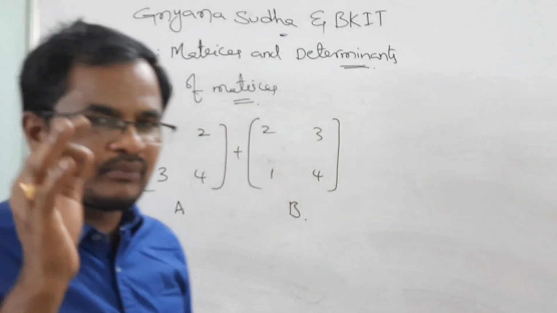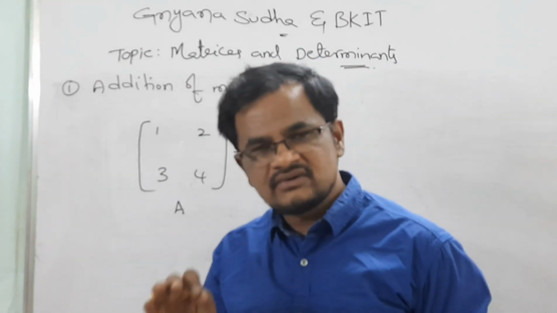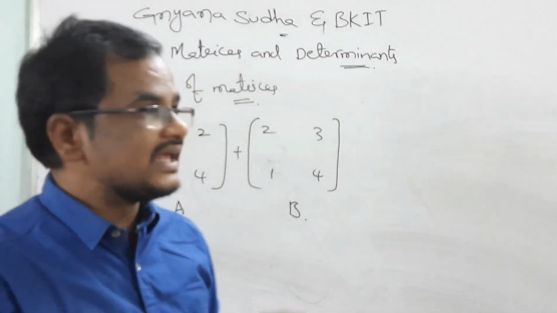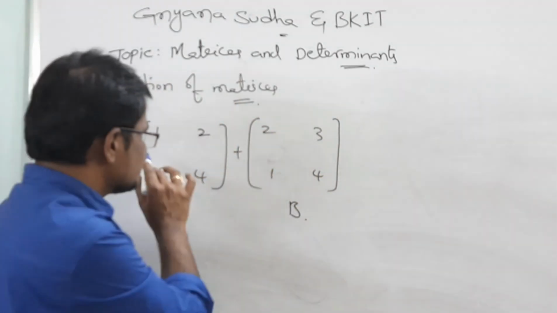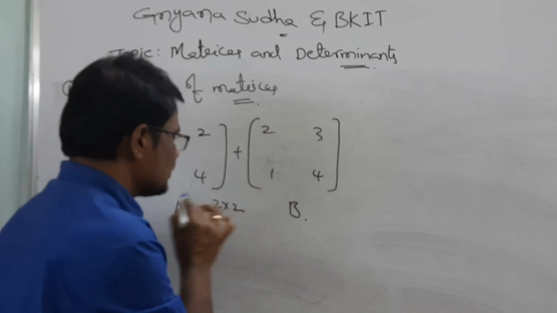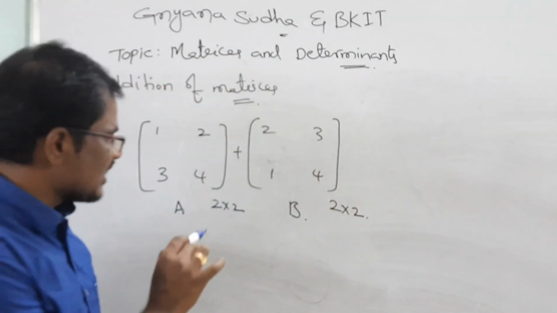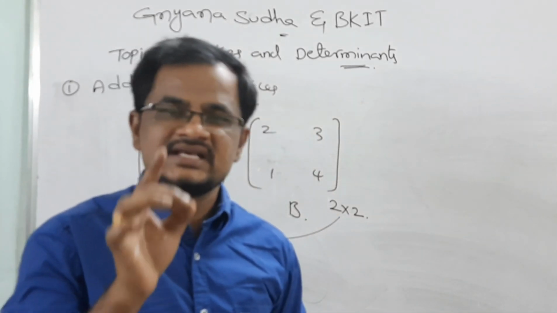One more important condition in addition of matrices: addition is possible only when their orders are the same. The order of the first matrix is 2 by 2 and the order of the second matrix is also 2 by 2. So if the order is the same, then only matrix addition is possible.